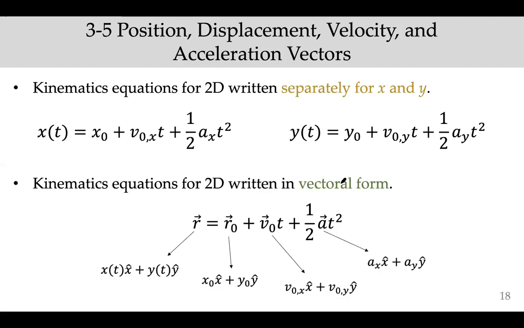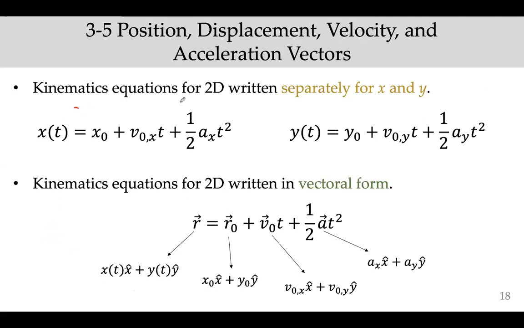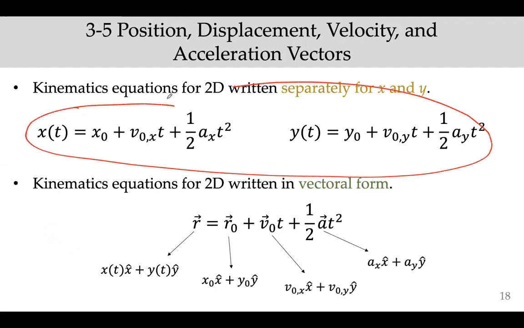So you can use either of these two equations for x and y, or you can use this vector equation, just one equation, depending on the problem. So let me give you an example where you can use this equation, the second one.